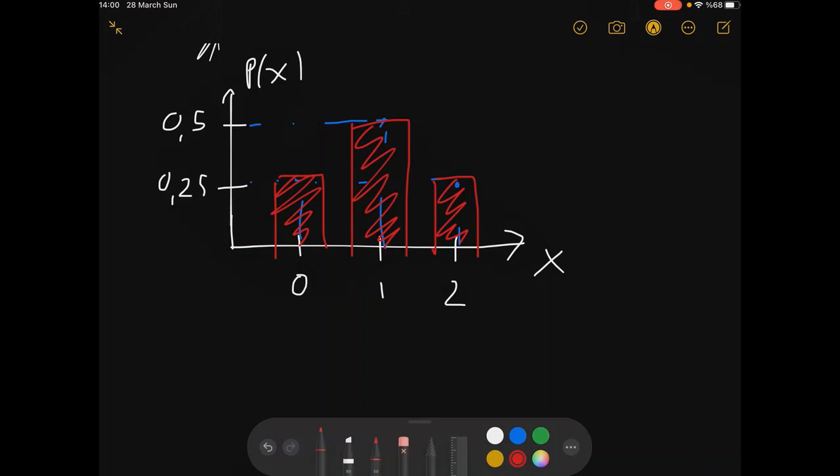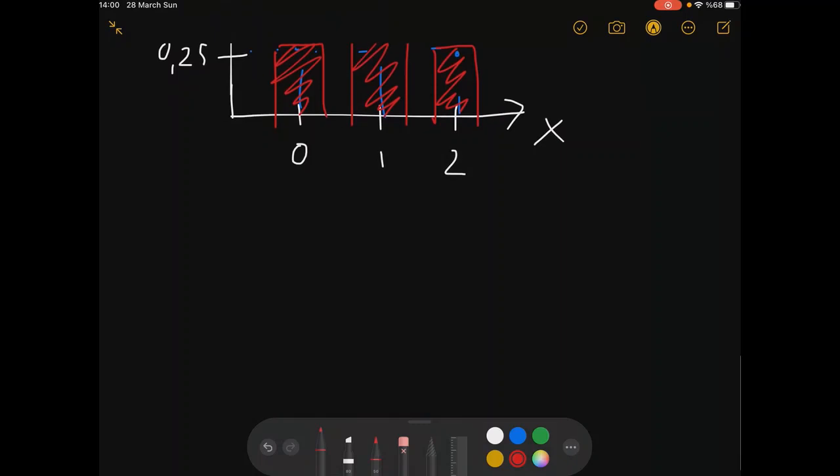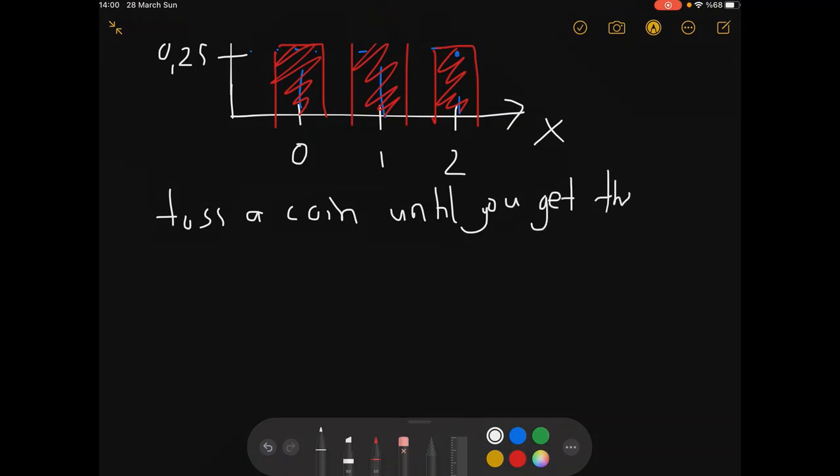So suppose that you change the nature of the experiment like this. You toss a coin until you get the first tails, for example.